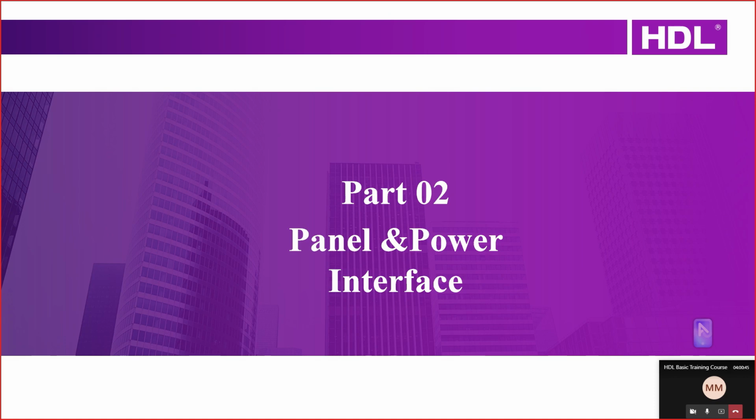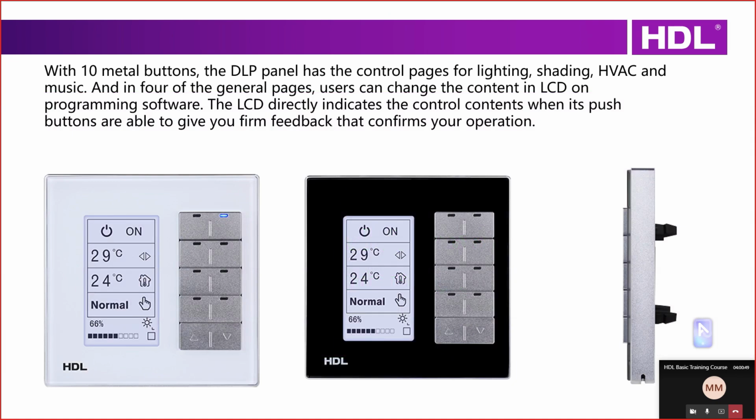Now let's move on to our panel. This is the DLP panel, and we have this in our wired system as well. If you prefer physical buttons but want to have a display to indicate the control targets, then this panel is here for you. It just has one color.